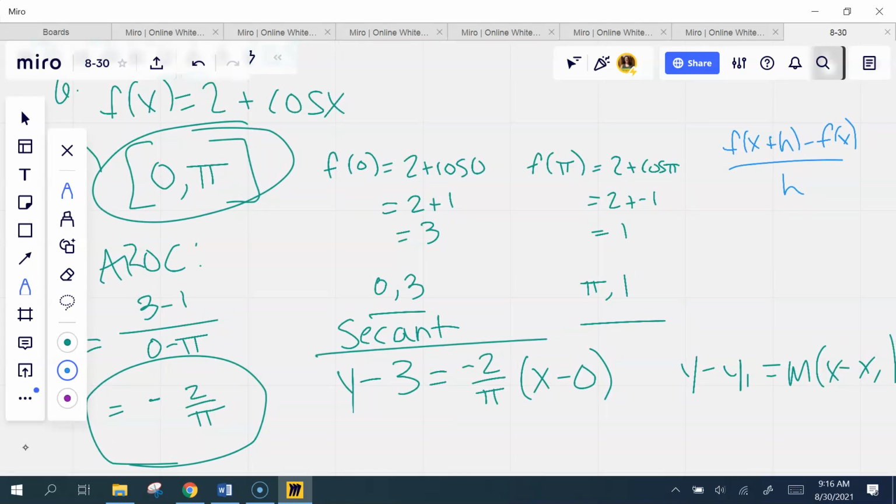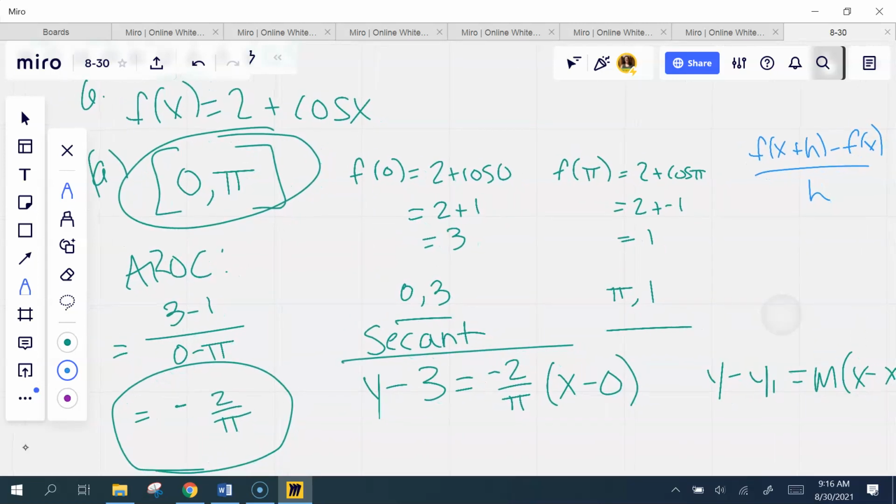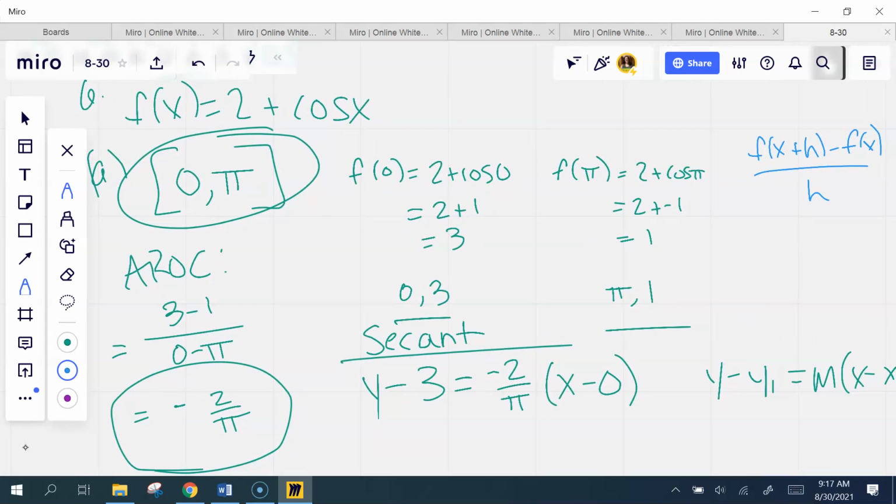What am I using for x and what am I using for h? All right, so this is the difference. The difference between the two x's, right? 0.01. This is my starting x. So what is this going to be? 0 in for x, that's exactly right.